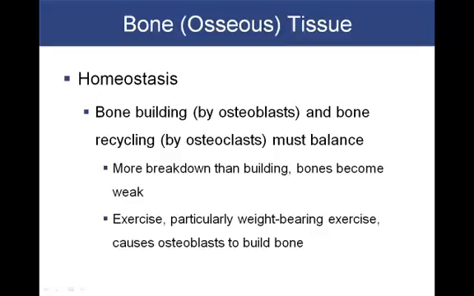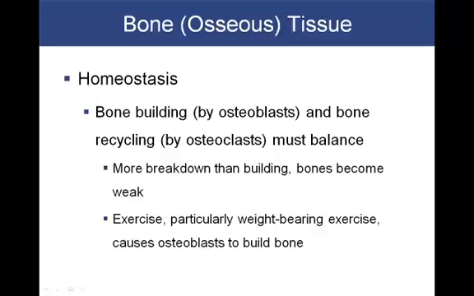Osteoblasts with the B are constantly battling osteoclasts in order to maintain homeostasis. If you have more breakdown, more osteoclast with a C activity than osteoblast activity, bones become weak. They become thinner.